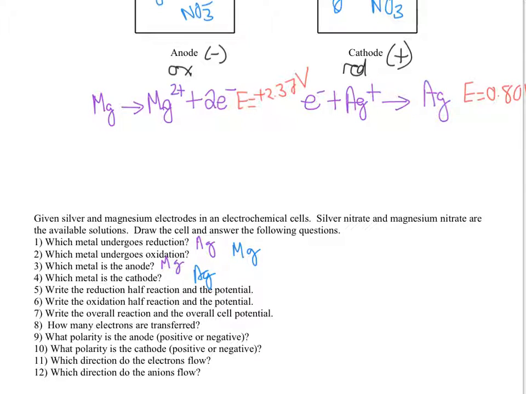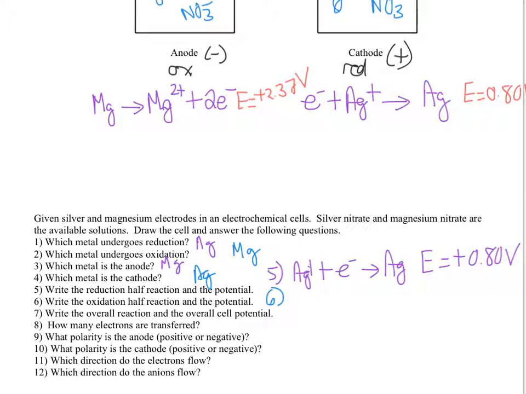So number 5, you have Ag+ plus an electron yields Ag, and your potential is positive 0.80 volts. For number 6, it wants the oxidation half reaction and the potential, so that's this one right here.